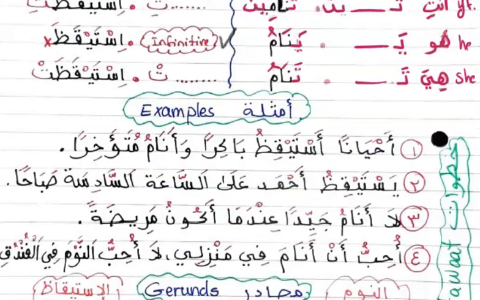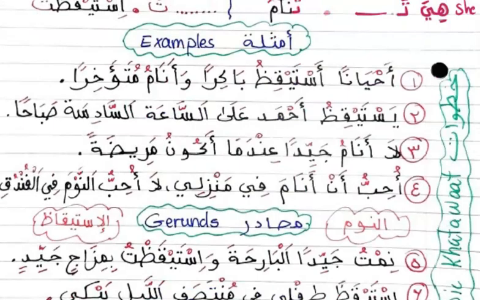Let's look at some examples right here. أحيانا, sometimes. أستيقظ باكرا. I wake up early. وأنام متأخرا.